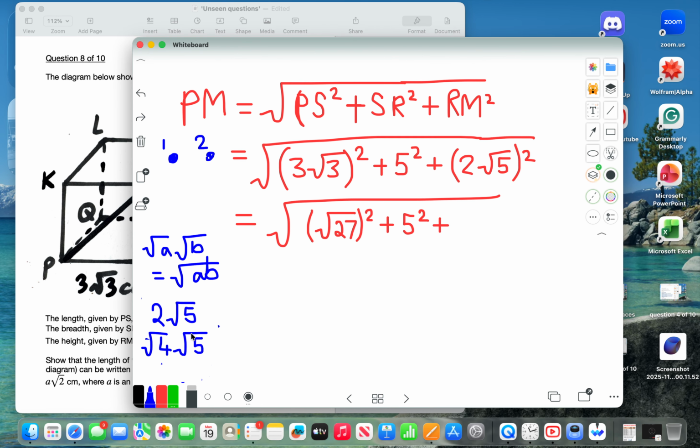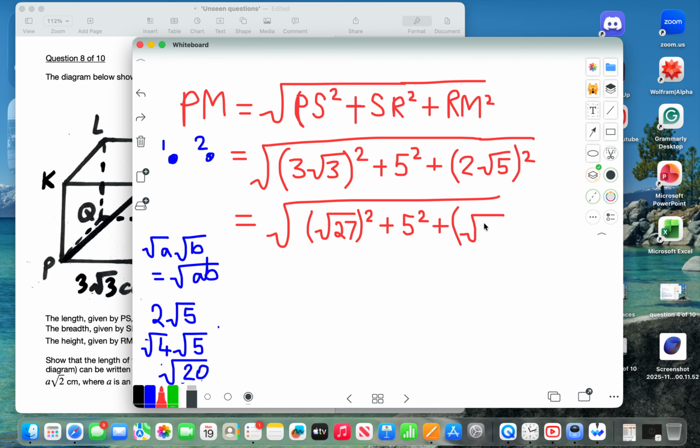We want a times b under the square root, so that's 20. So we have √20, all squared.